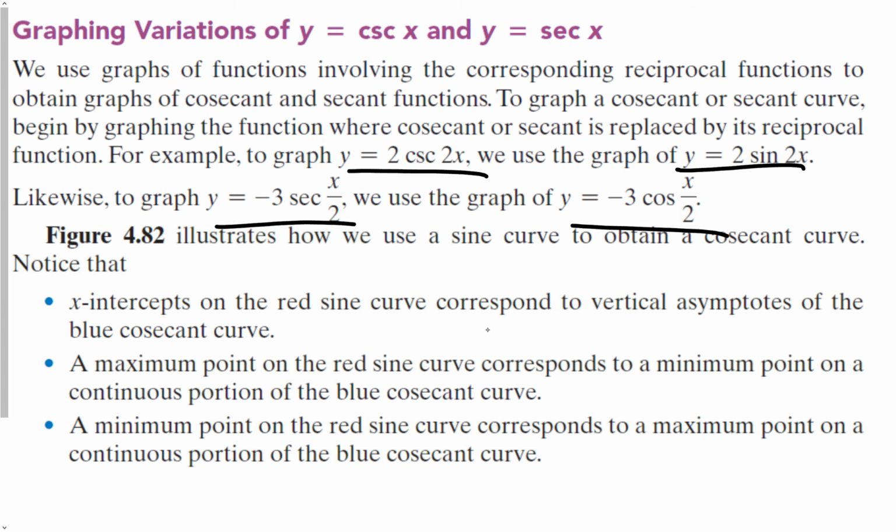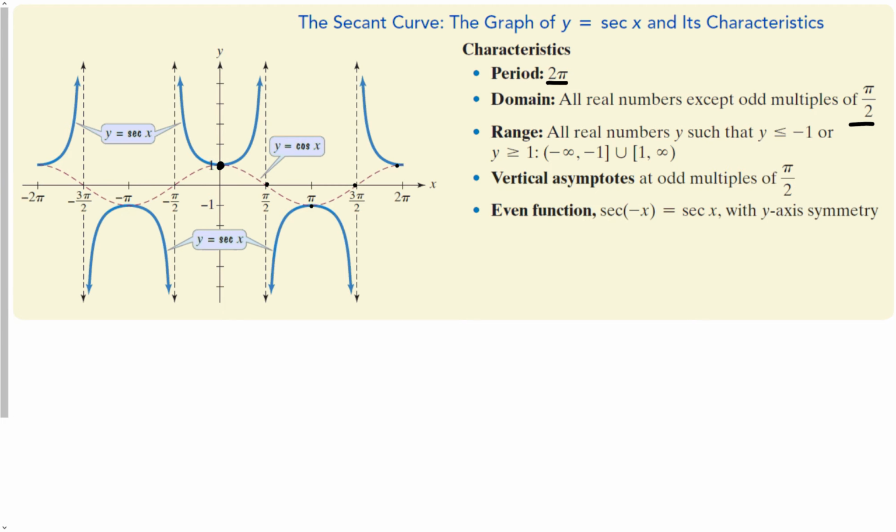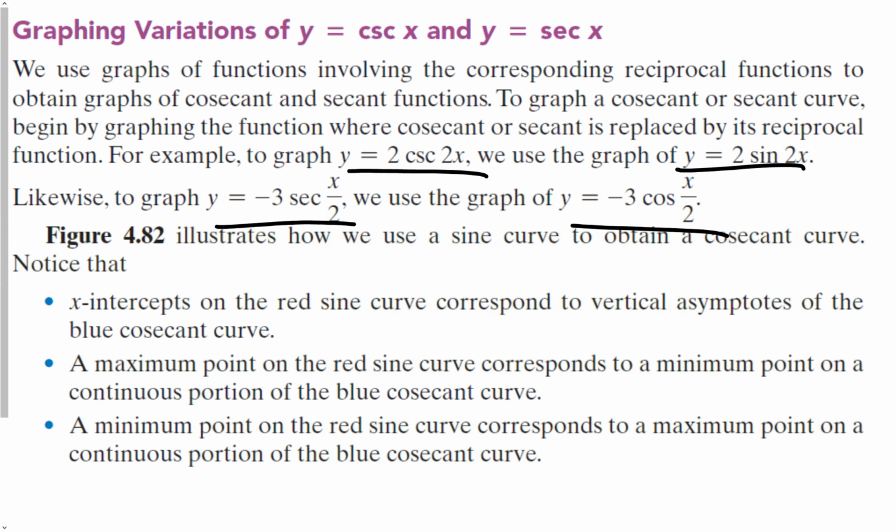Then we're going to turn these functions into the one that we want by doing 3 steps. X-intercepts on the sine and the cosine change to vertical asymptotes. Maximums turn to minimums. See, this is a maximum, and it is now the minimum of the blue U-shaped thing. And minimums turn to maximums.